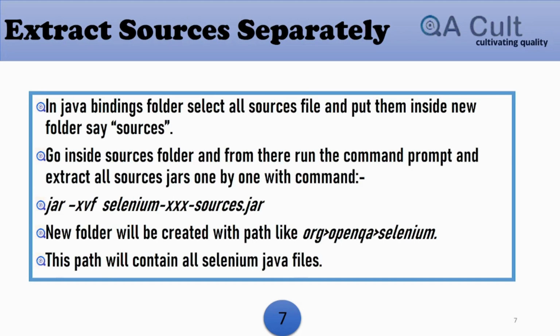Then in the Java binding folder, select all source jar files and put them inside a new folder, say sources. Go inside the sources folder and from there run the command prompt and extract all source jars one by one with the command I had shown you earlier.